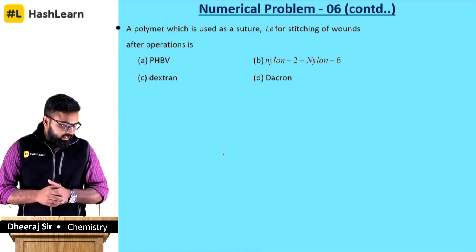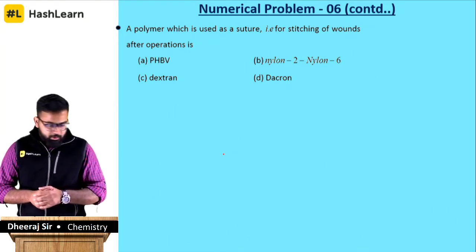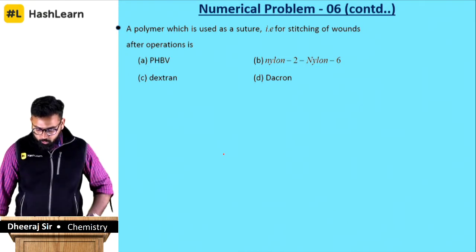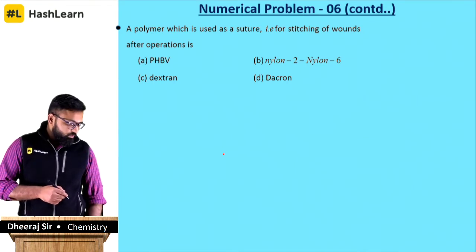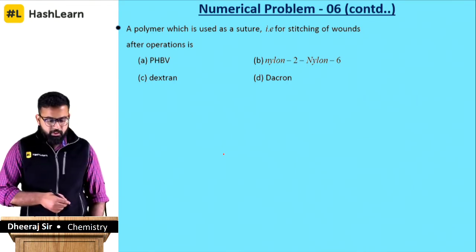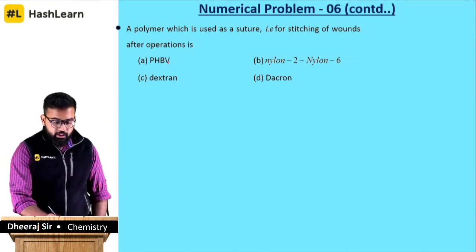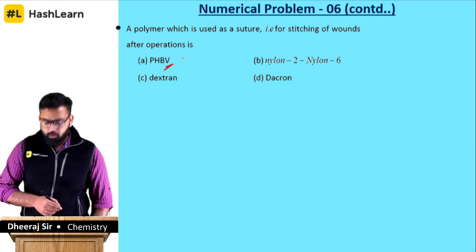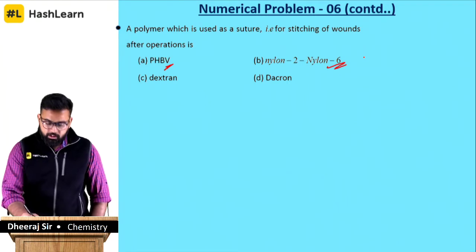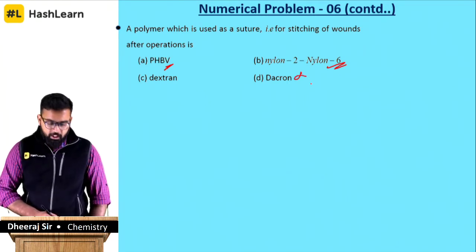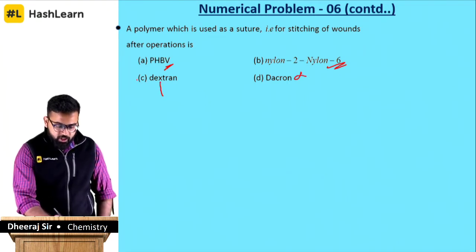Which of these is the biodegradable polymer which can be used as a suture? Yogesh says it is D, Pooja B, Peru A. So which one is going to be the right answer? Peru is close. He says it's PHBV. PHBV is a biodegradable polymer, there's no doubt, or this is also a biodegradable polymer. This is not a biodegradable polymer, but the right answer is dextran.